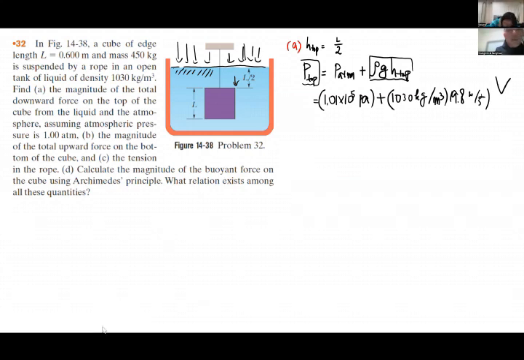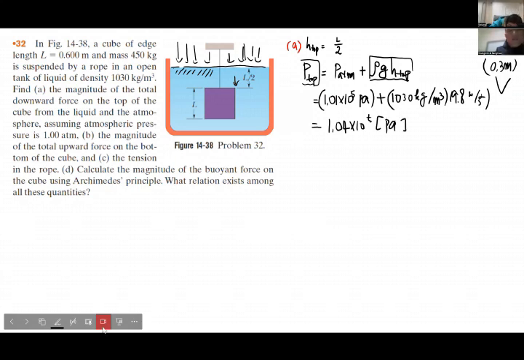L is 0.6, so half of that is 0.3 meter. You plug that in, and it should be 1.04 times 10 to the 5 Pascal, or you can find the equivalent unit of Pascal.